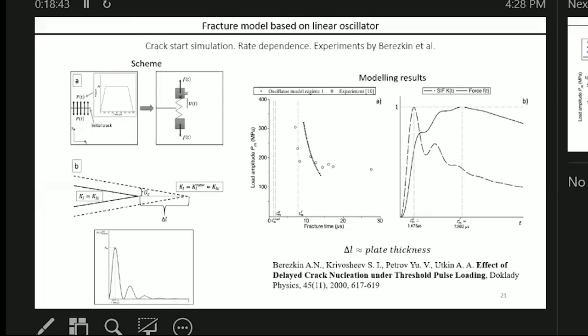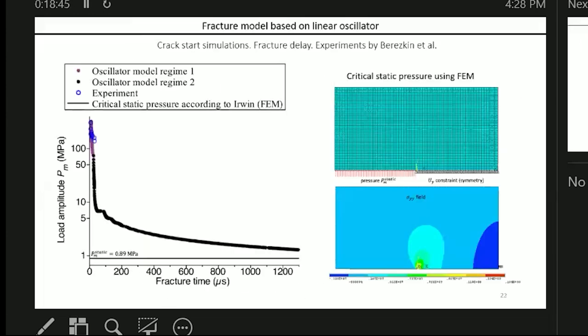And we even predicted regimes which were not tested experimentally, and we show that our model slowly goes to the static regime. In experiments, there were only dynamic regimes of testing, and we predict the static strength of this system. For statics, we use finite elements to calculate the critical pressure, which leads to the activation of the Irwin criterion.